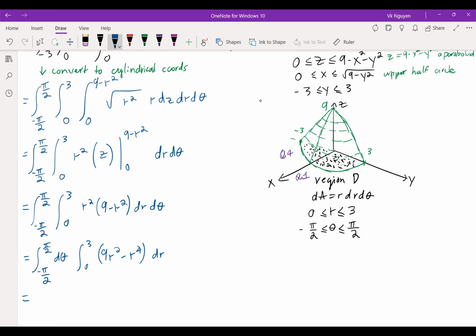We have pi over 2 minus negative pi over 2, so that is just pi. For this one, it's going to be 9r cubed over 3 minus r to the 5th over 5, from 0 to 3.